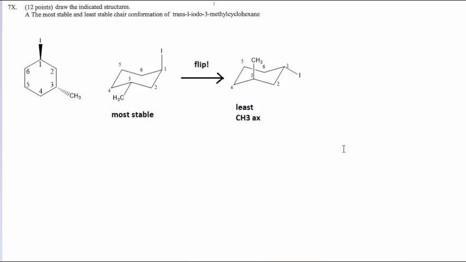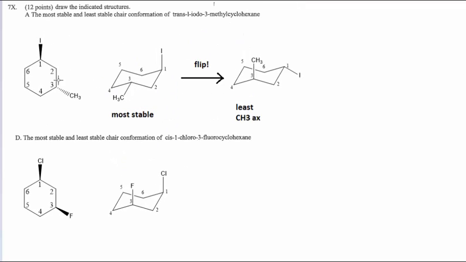Try this one now. Pause the video once again. Okay, so once again, nomenclature, convert it to the cyclohexane skeleton. 1 is going to be axial because that's upward. Similarly, 3 is going to be axial.